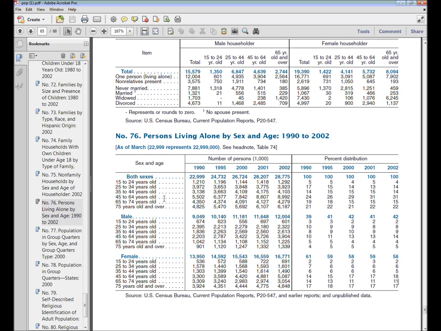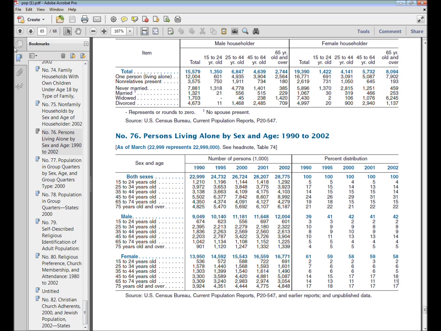It's not telling you within a certain group who lives alone, but that of the people living alone, 4% in 1990 were male 75 years old and over.